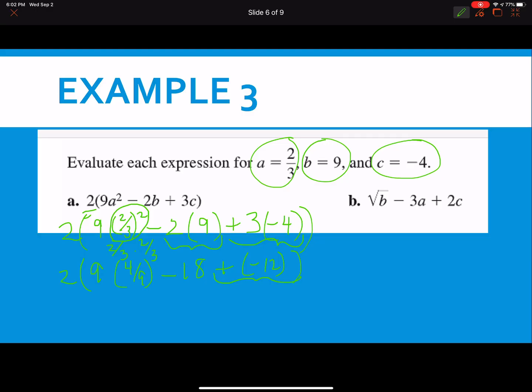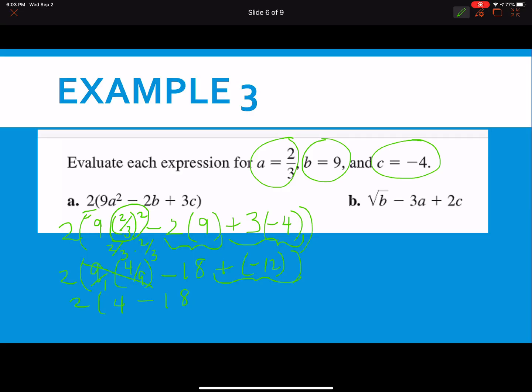Okay, now we're going to go back from left to right solving here. If you'll remember back in 6th grade math, when you multiply a whole number times a fraction, you can simply put that whole number over 1. And anytime you're multiplying two fractions and you can simplify those diagonal values, go ahead and do that. Then I'm left with 4 over 1, which simplifies to 4. Subtract 18.